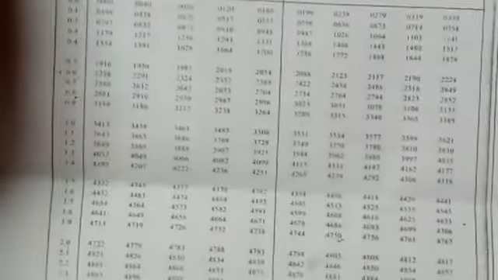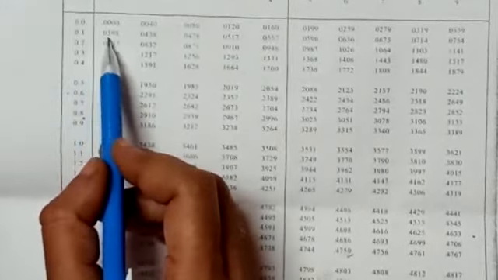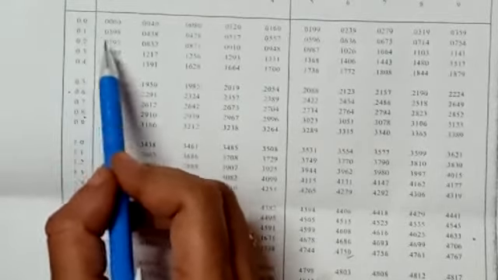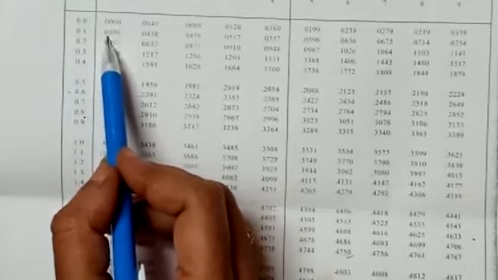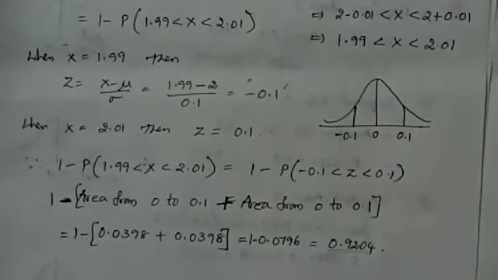At z value 0.1 you have the area 0.0398. So we have double the area, 0.0398 added twice, and subtracting from 1, you get the probability of modulus x minus 2 greater than or equal to 0.01 as 0.9204.